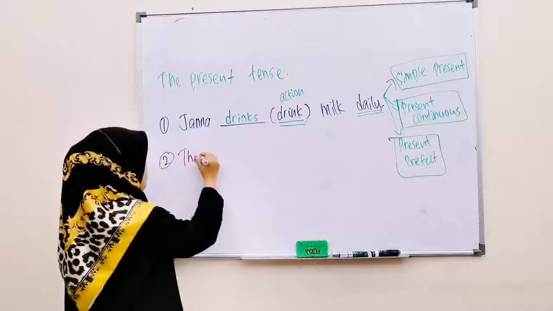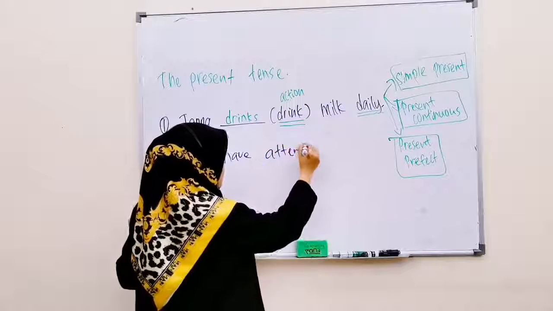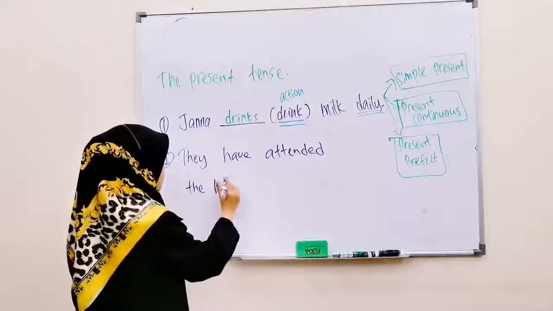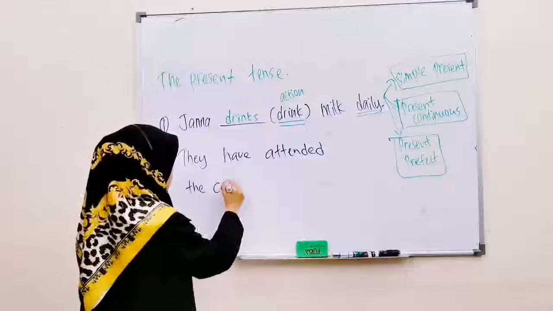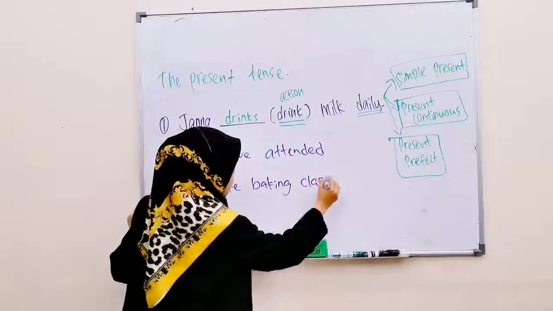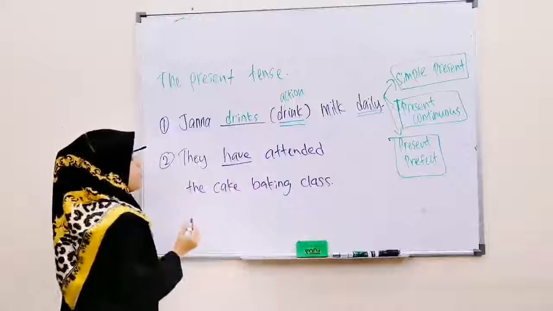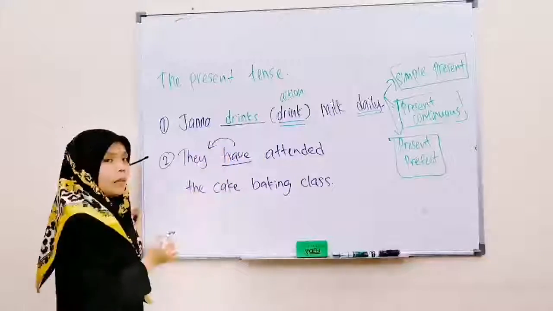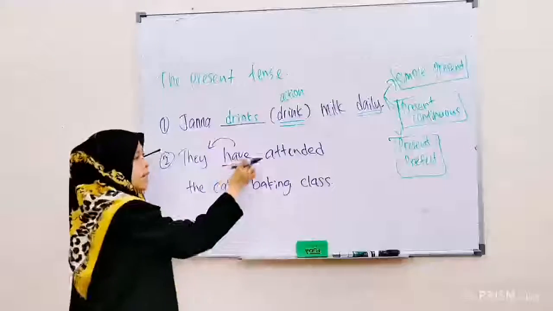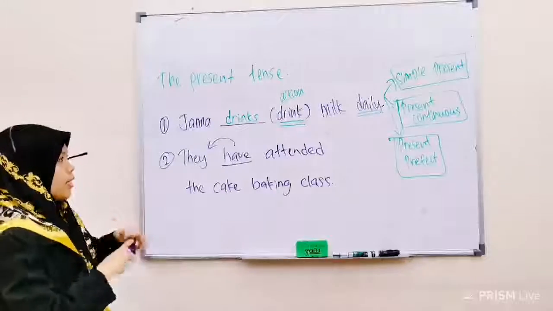They have attended the baking class. So the formation should be have. Why? Because we use the plural. Just now I used she, so that's why I used has. Very simple and very easy to understand.